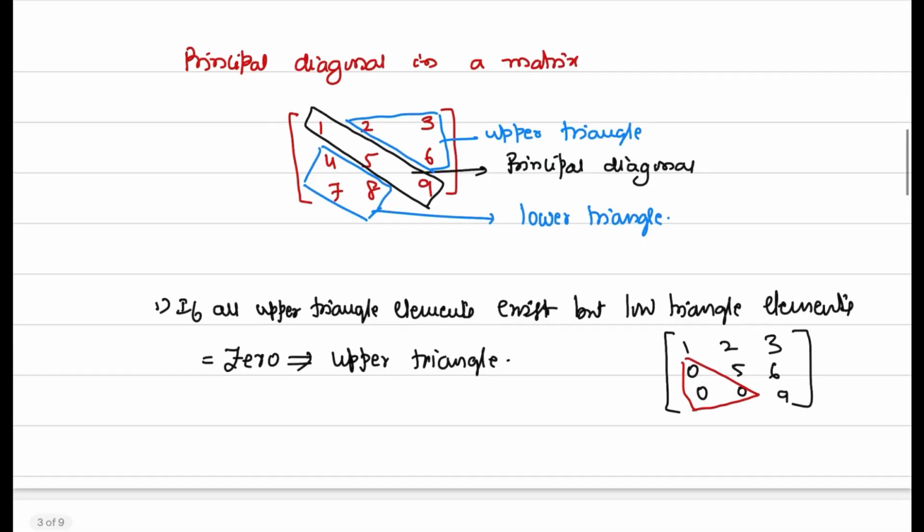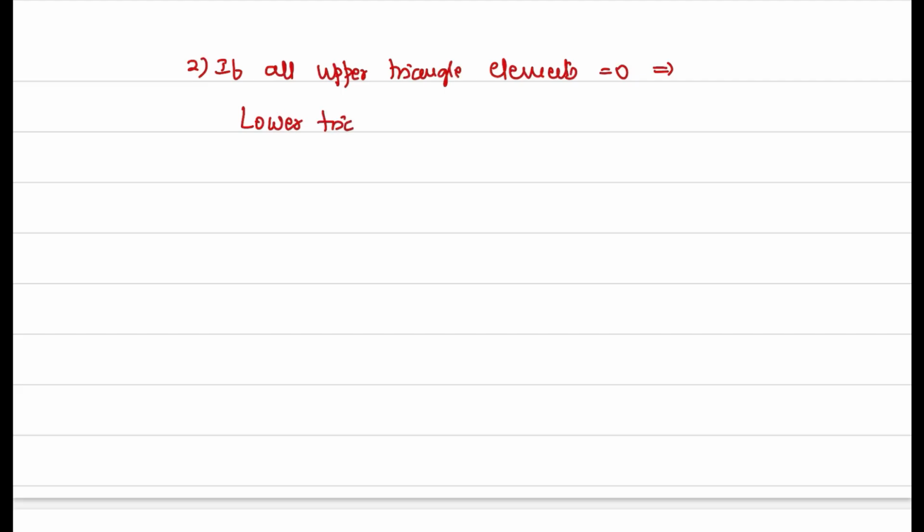Now, if all the upper triangle elements are 0, that implies it is a lower triangular matrix.